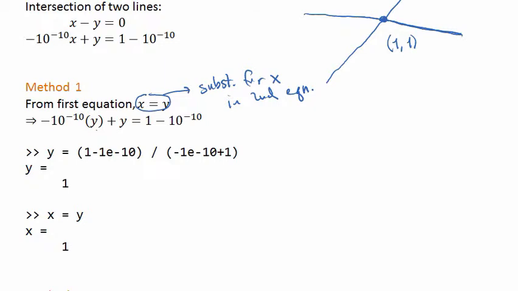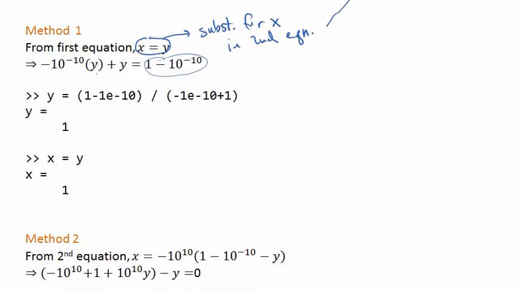Rearranging that, we find that y is equal to this number divided by that number again, 1 minus 10 to the minus 10th from the left-hand side when we factor y out.